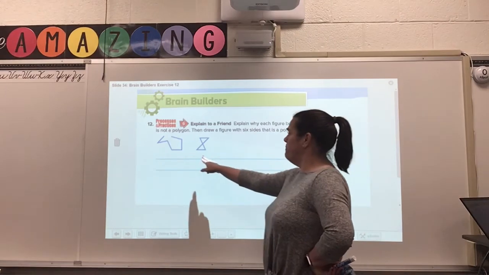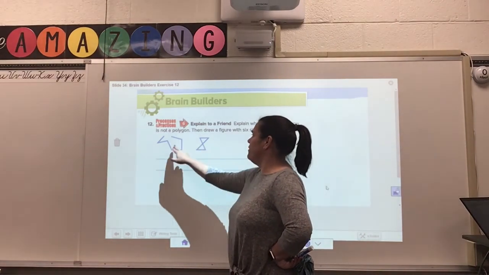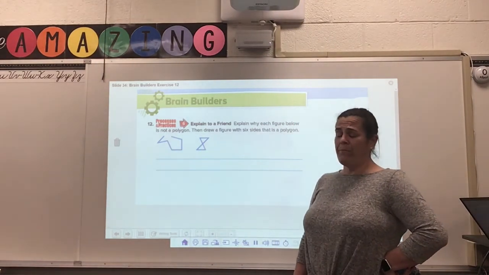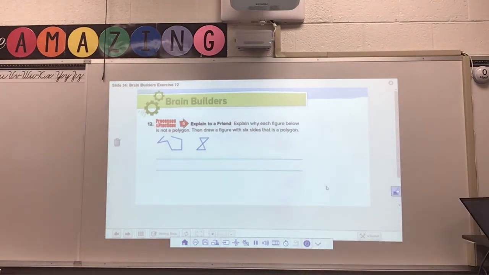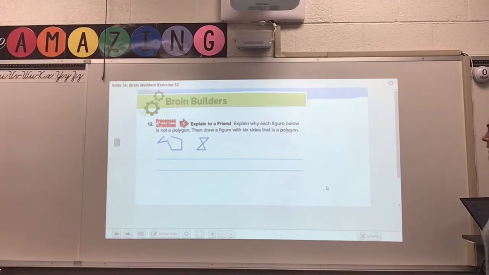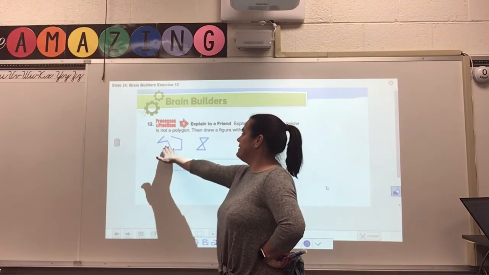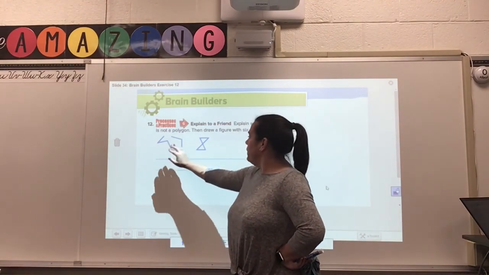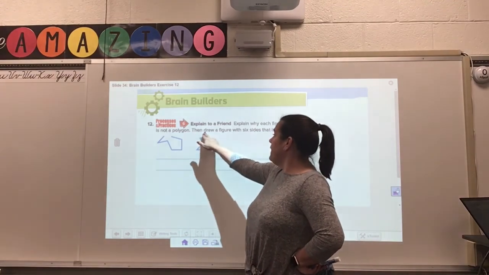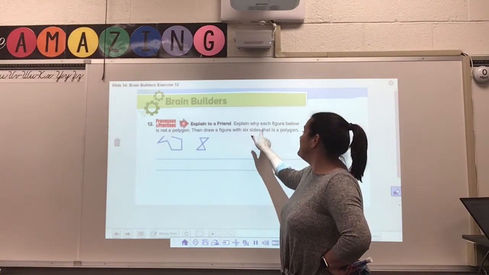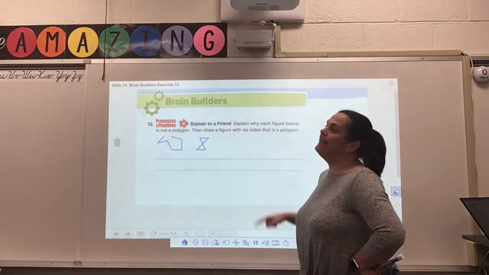We can look at both of these figures, and I know that they are not polygons because I know that a polygon is a two-dimensional figure that is formed by 3 or more straight lines that do not cross. Well, why is this not a polygon? Why is this not a polygon? Then don't forget to draw a figure that has 6 sides that is a polygon.